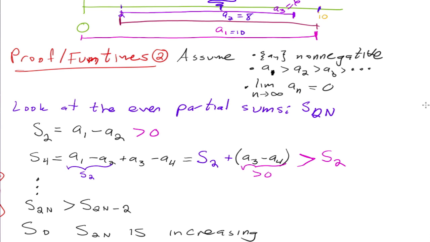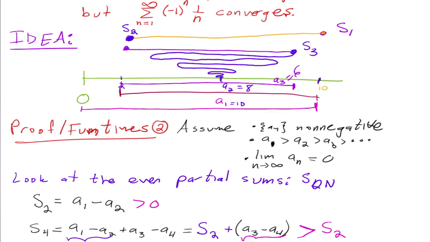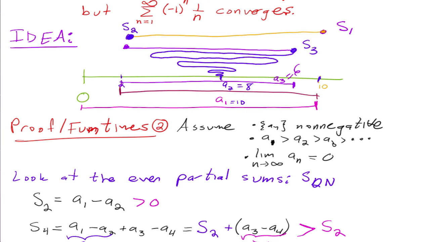And S of 2n is bounded. What is it bounded by? What are all the partial sums bounded by? Hint, hint. It's on the picture. What's the biggest the partial sums can be? A sub 1, right? The very first term of the series, right? That's the biggest one, and then from there you always subtract and then you add, but you can never go past that initial one.